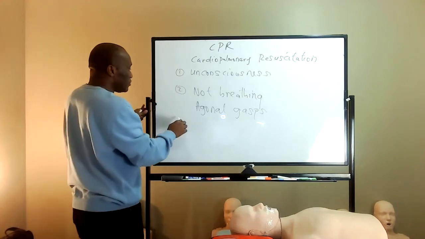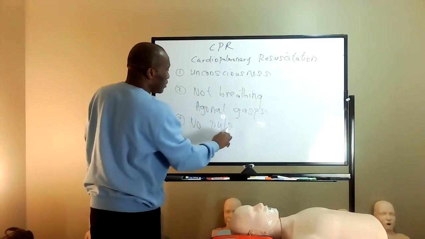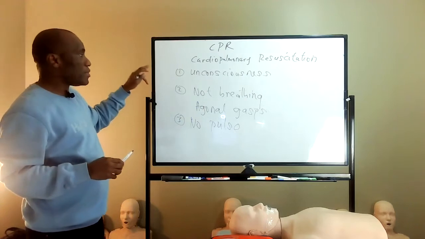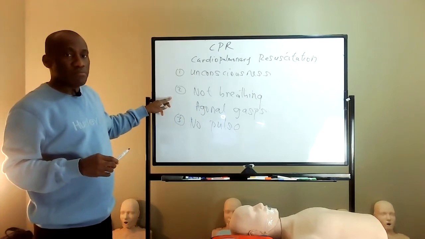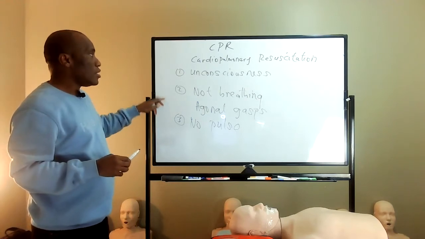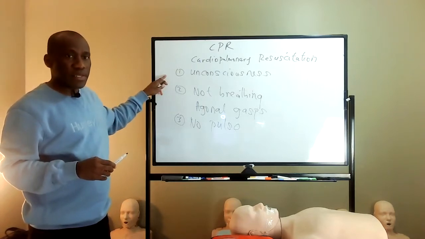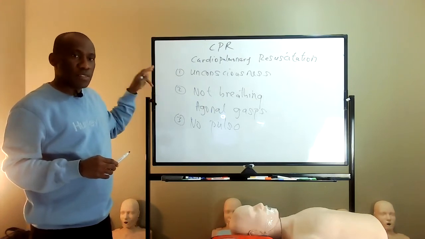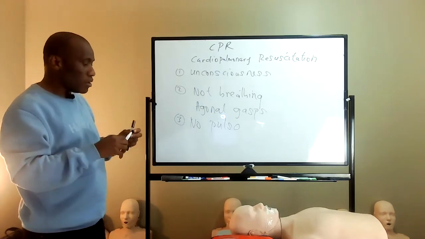Of course, there is also this other condition of no pulse. Okay, so the person is unconscious, the person is not breathing, or the person is abnormally breathing, and there is no pulse. Okay, so if you see those conditions in anybody, what that means is that this person qualifies to have CPR performed upon him or upon her.